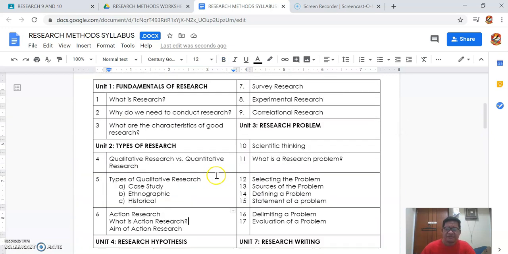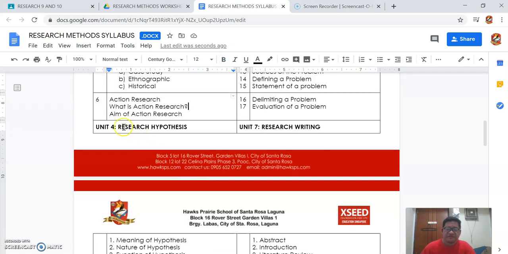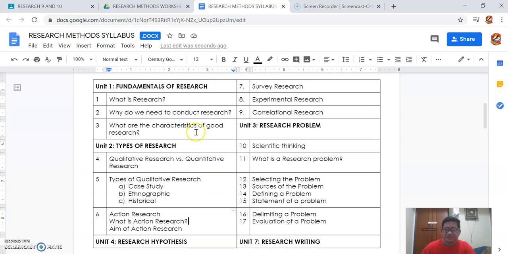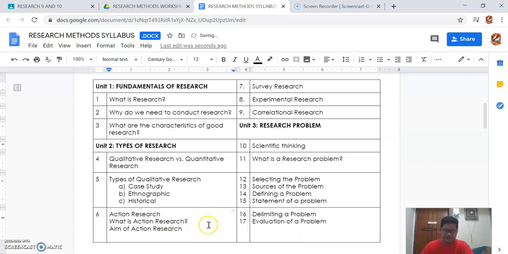And then you have the unit 4 is about research. Unit 3, no, I think this one should go to the next page. Number 6, the types of research, and then we're going to discuss the qualitative research versus quantitative research.